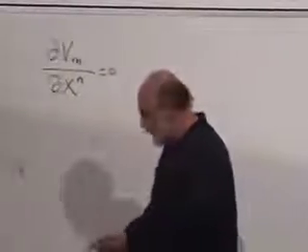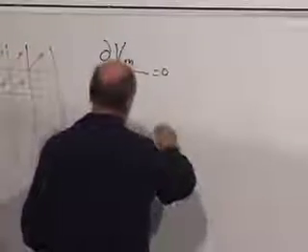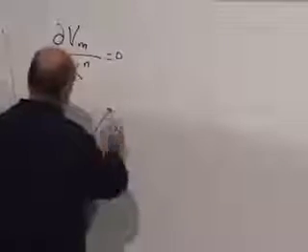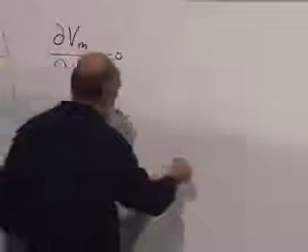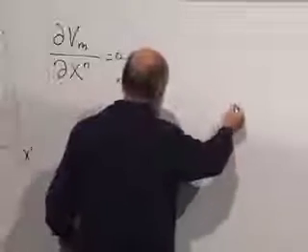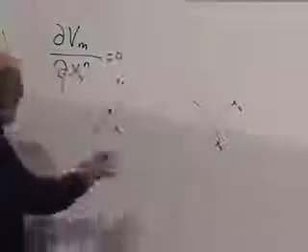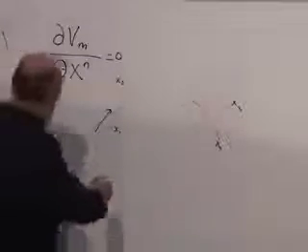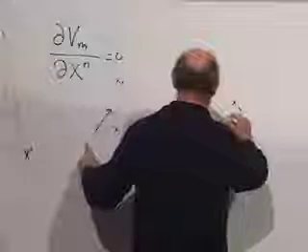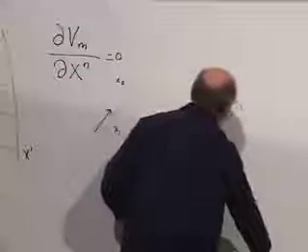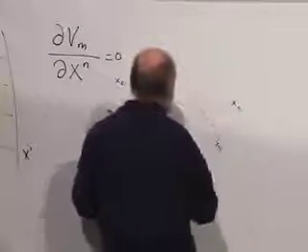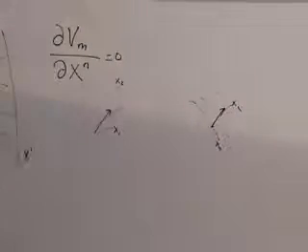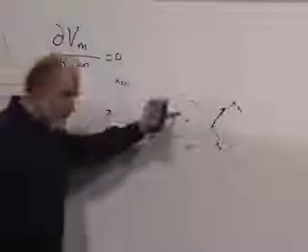The same vector will have, this might be your x1 component, this might be your x2 component. Now this might be your x1 component, and this might be your x2 component, pointing in entirely different directions. The same vector, exactly the same vector pointing in exactly the same direction. The components will be different.